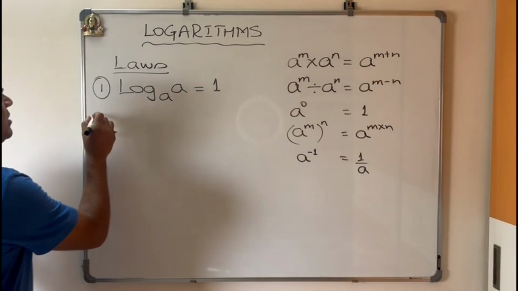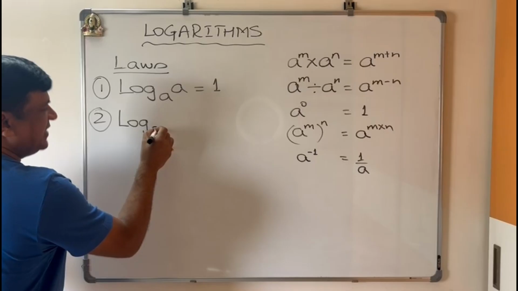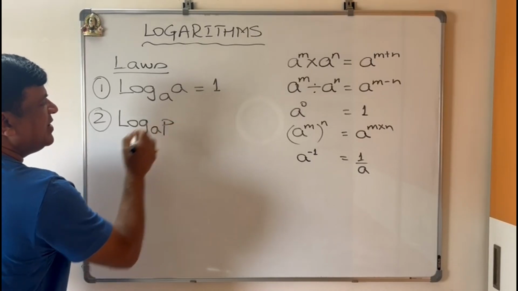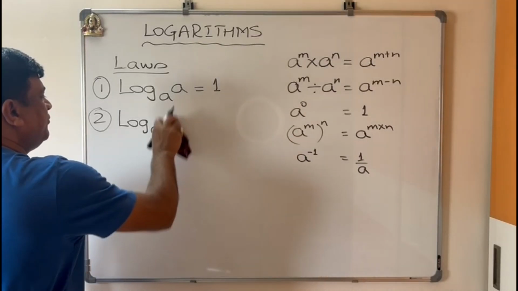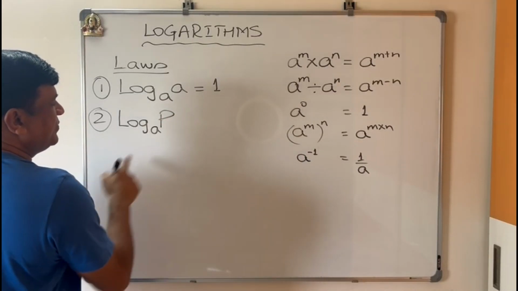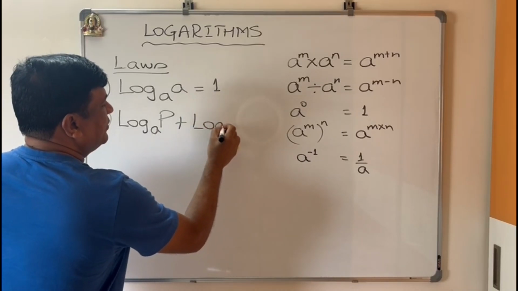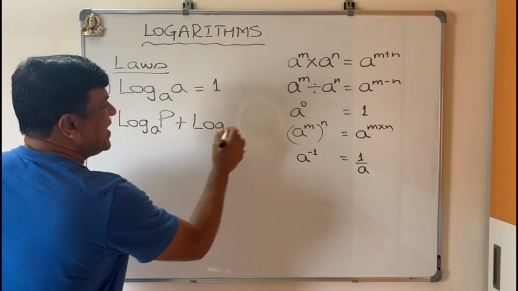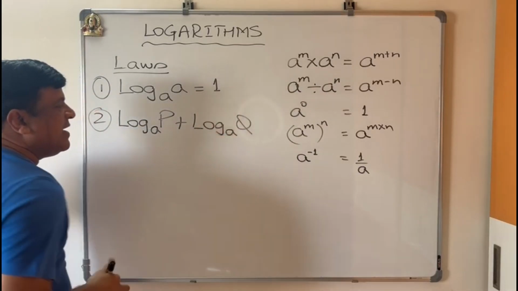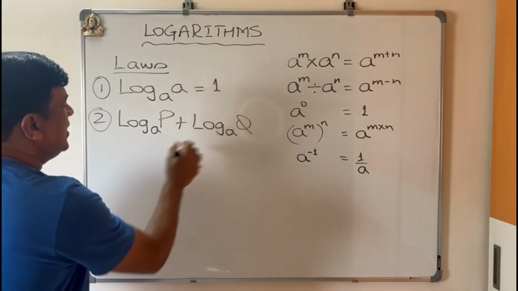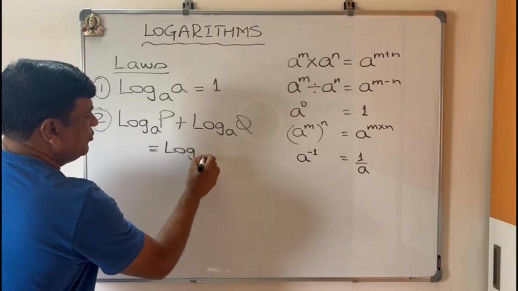Okay. The second law states that log to the base a, if I have a number called p, I will make it a capital number so that you don't get confused. So say P. You have this log. If we want to add two logarithms with the same base but a different value, this will become log to the base a.